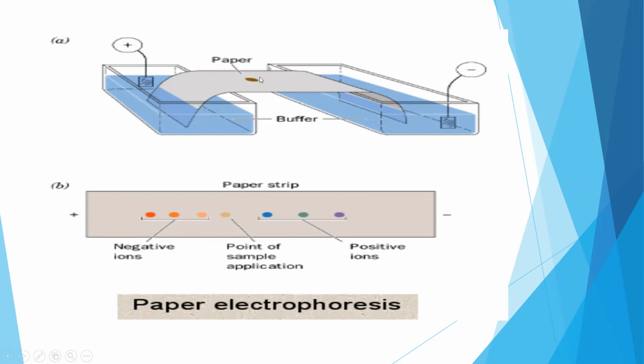The paper is removed, dried, and stained with a dye that specifically colors the substances to be detected. This is a spot. The colored spot can be identified by comparing with a set of standards run simultaneously. For the separation of serum proteins, Whatman number one filter paper can be used. The buffer pH of 8.6 is maintained.